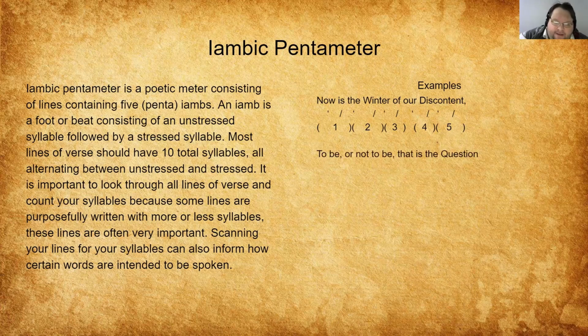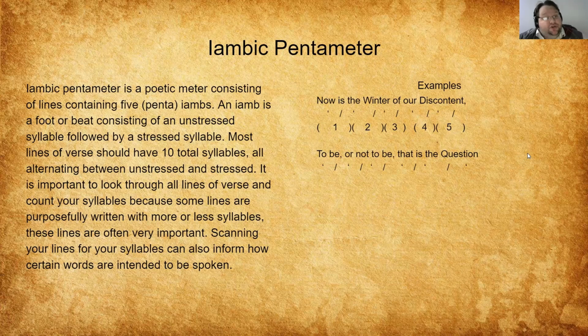Let's look at this next line. "To be or not to be, that is the question," one of the most famous lines in all written works in English ever. Well, I don't know about you, but for me, that sounds a little off, because if we look at it, it's got an extra syllable here.